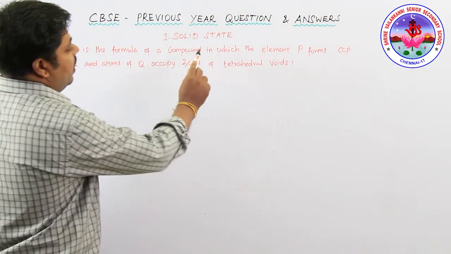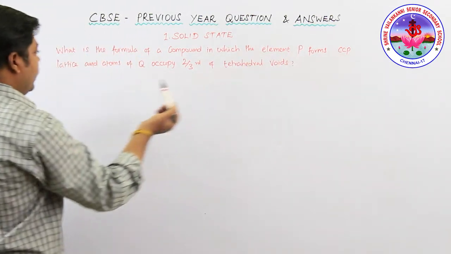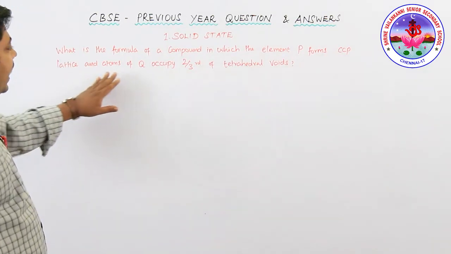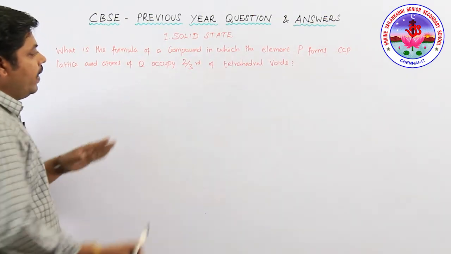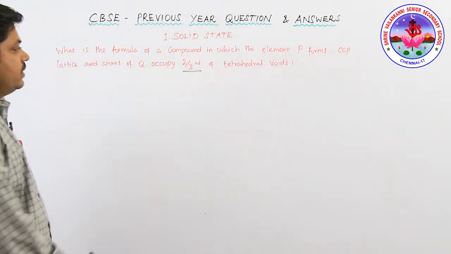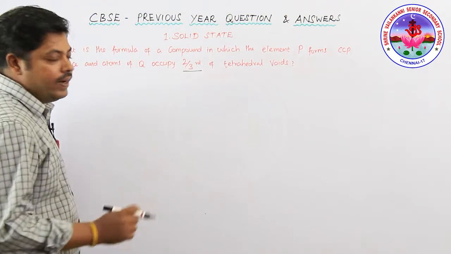So, look at this numerical. What is the formula of the compound in which the element P forms a CCP lattice, that is cubic close packing lattice, and atoms of Q occupy 2 by 3rd of the tetrahedral voids? You must know that voids are of 2 types.